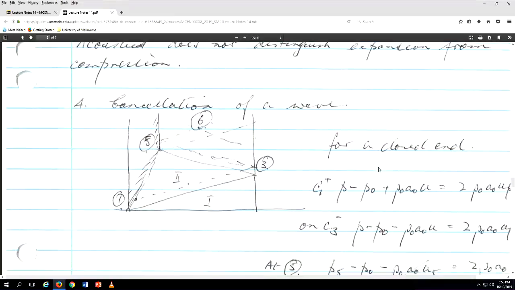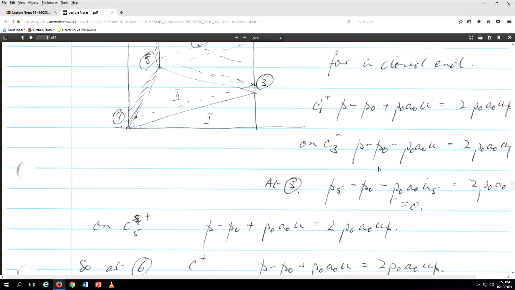But at 5, I know the velocity. I imagine the velocity was 0. And so the question is, do I cancel the wave?